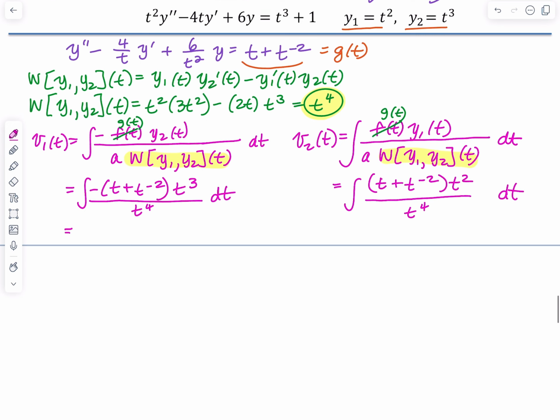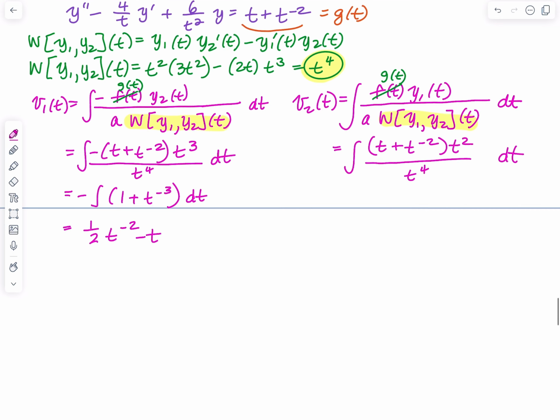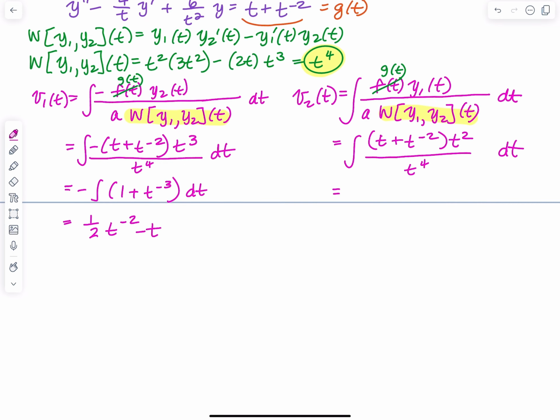This simplifies to the opposite of the integral of 1 plus t to the negative 3 dt. And of course, that's equal to 1/2 t to the negative 2 minus t, ignoring our constant of integration.